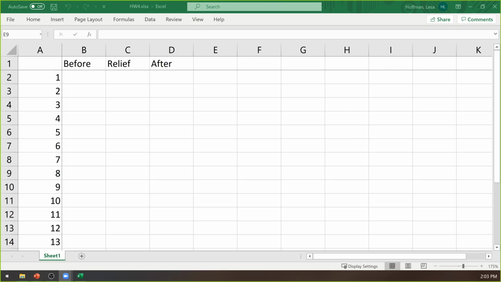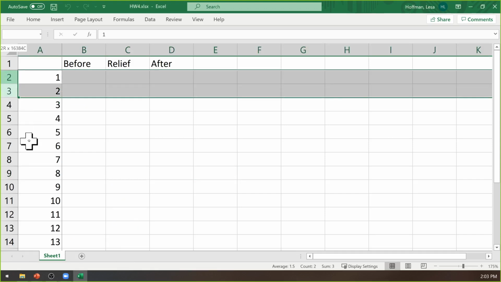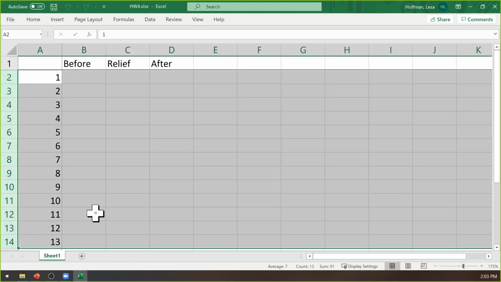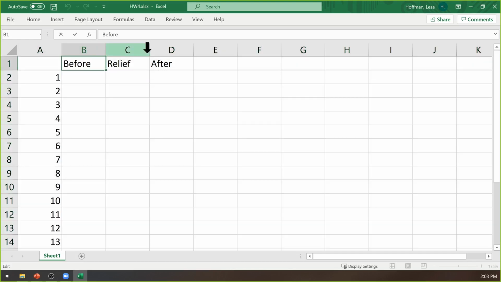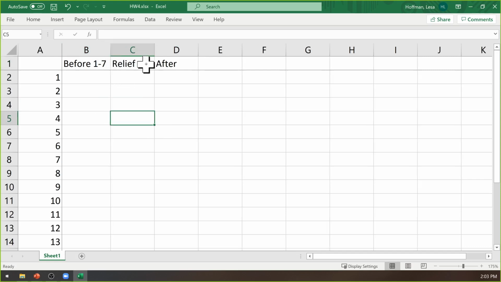So in this homework, there are 13 occasions of data. Does that sound correct? Good. I don't have all my homeworks memorized, but I'm going off of memory on this one. And I had instructed 3 different pieces. So there is a before period, which is from occasions 1 to 7. There is what I'm calling the immediate relief of having taken the test, gotten that over with.